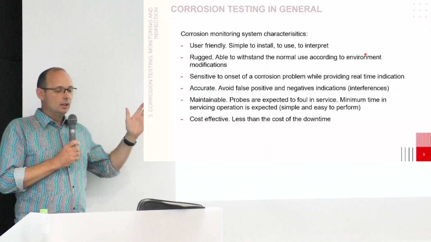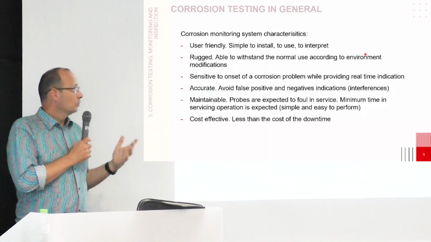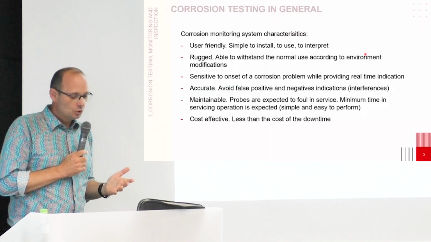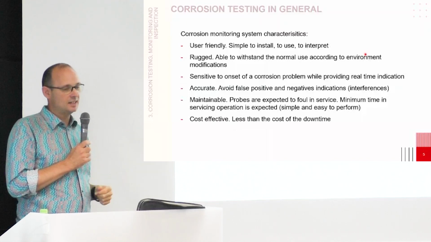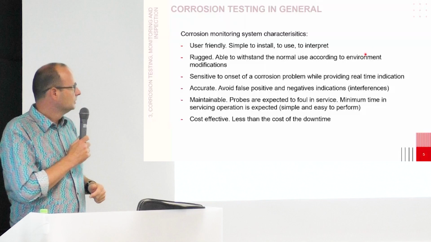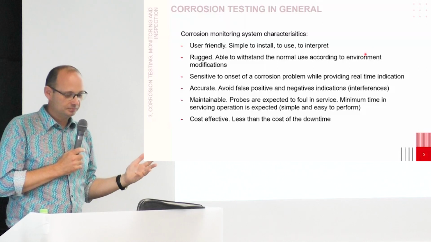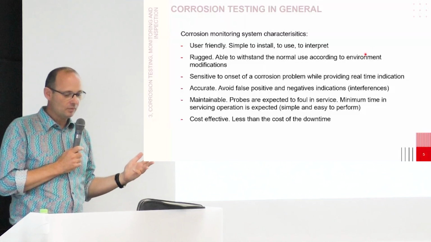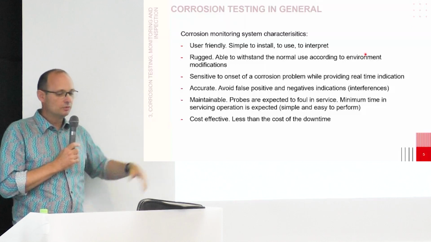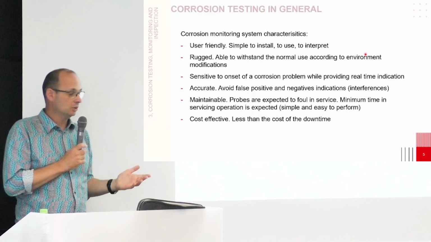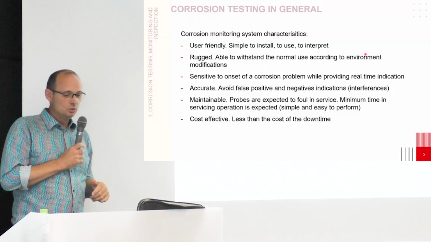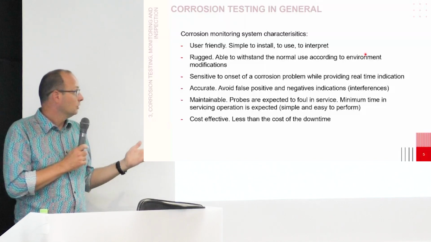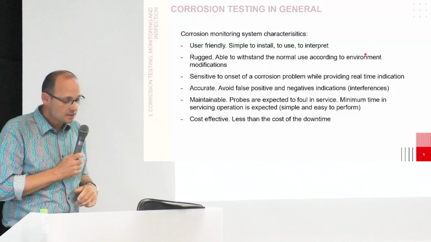So what we would like for corrosion monitoring is to be user-friendly, simple to install, simple to use, simple to interpret. Able to withstand normal use according to the environment modification, sensitive to the onset of corrosion problems.